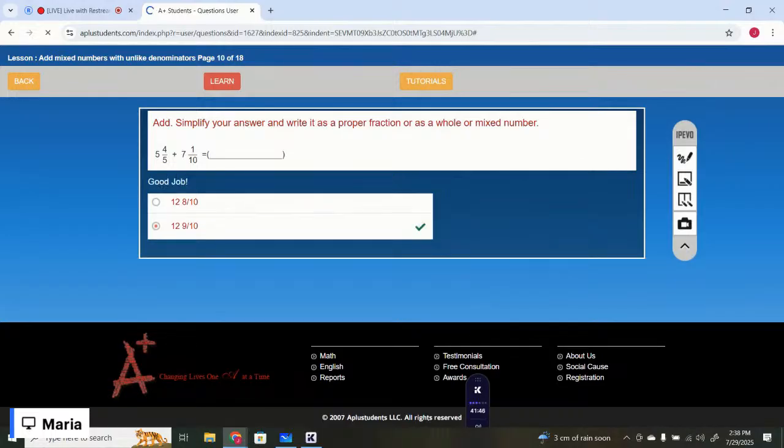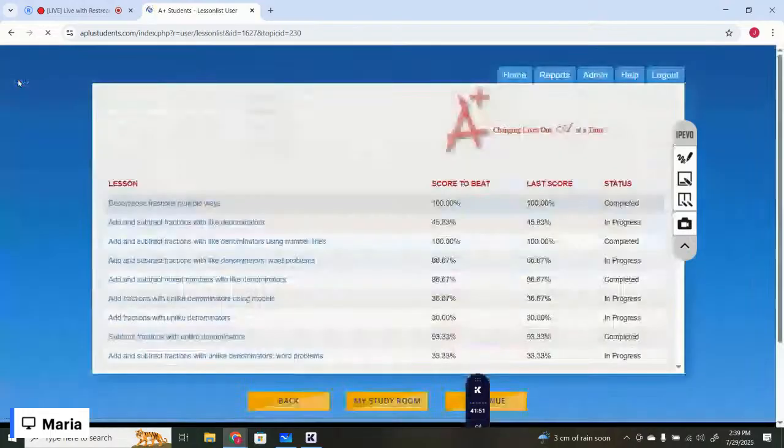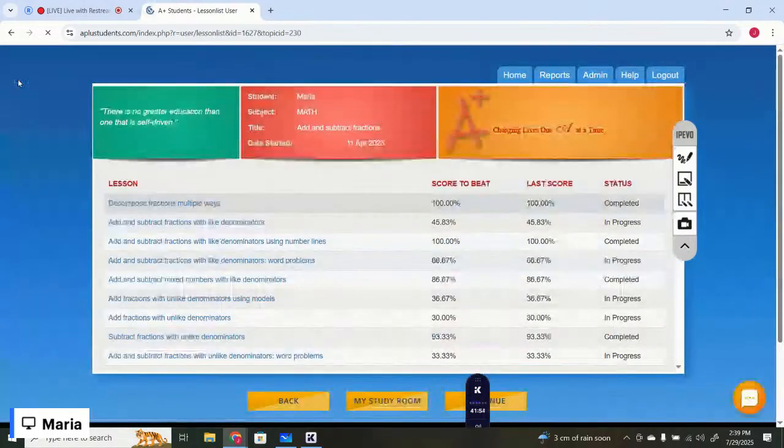Okay, you can complete the lesson by yourself later today. So we were working on grade 5 math. The chapter we were working on is add and subtract fractions.